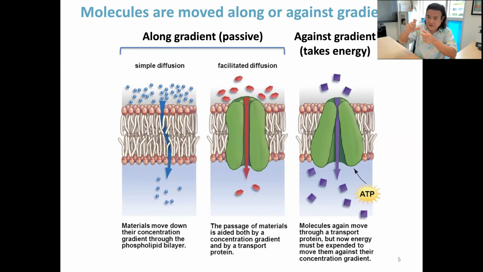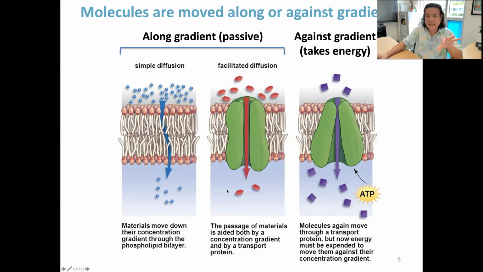So if this protein were able to break one of those phosphates off, break that high energy phosphate bond, and then have that energy used to maybe bind onto the protein and change the protein's shape, that amount of energy, of forcing the protein to change its shape into the shape that you see in the picture here, would be stronger than any of these purple squares on the inside of the cell being able to counteract that. So moving things against a gradient will require energy, and we call that active transport.